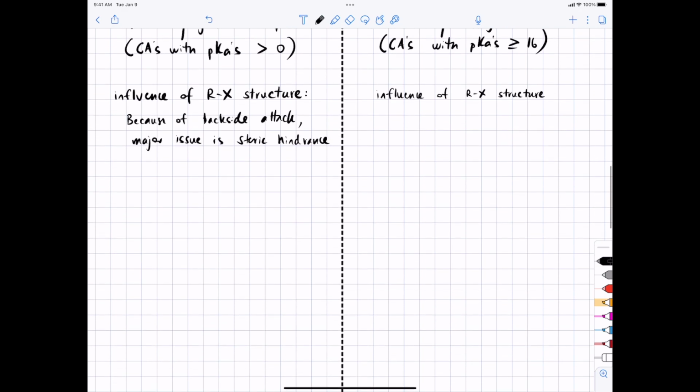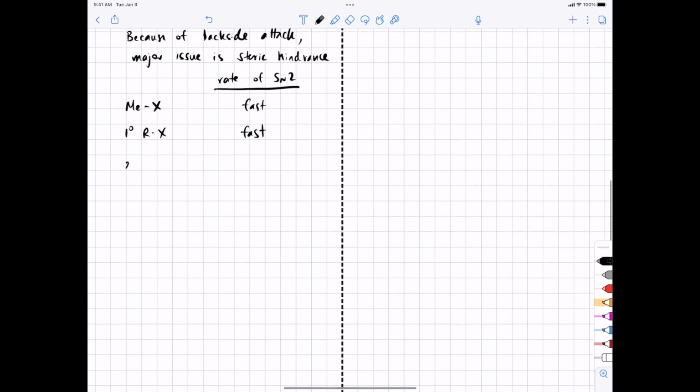So we will see that the rate of the SN2 reaction for methyl halides is very fast. For primary alkyl halides is also very fast. For secondary alkyl halides, not as fast, slower.